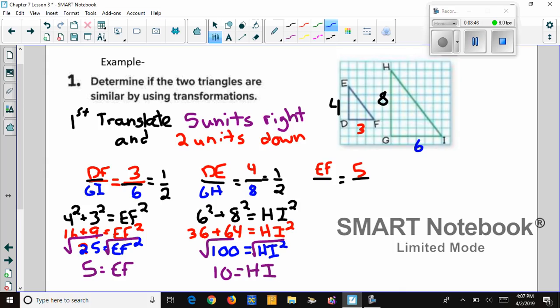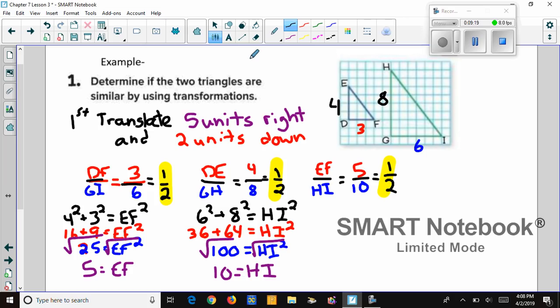So I'm going to go back to my ratios and put HI and put 10 here. And we're going to find that it is a ratio of 1/2. So let me highlight this. We found that each corresponding set of sides have equal ratios.